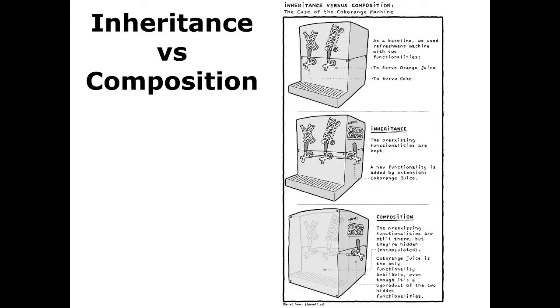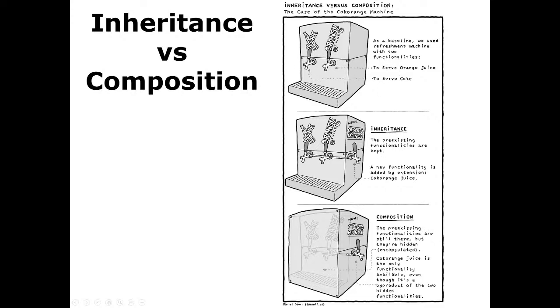Yes, as we can see here, there are three examples: inheritance versus composition. In the case of the refreshment machine, as the baseline, we use a refreshment machine with two functionalities: to serve orange juice, for example, right, and to serve Coke.